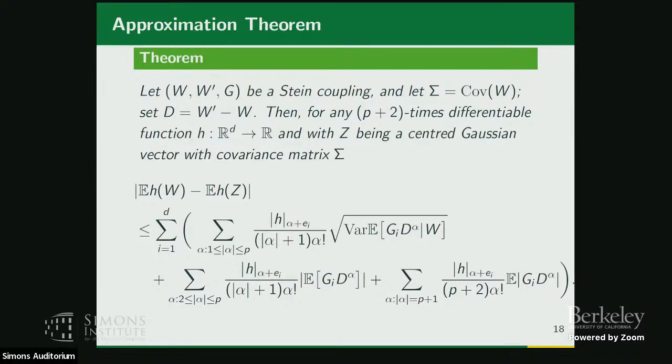These alphas are just the vectors such that the total length is fixed, and these are all the derivatives and such things. Well, let's not go into detail. So the idea with this approximation theorem is that you can bound this quantity by something coming from the Stein coupling, and also these functions h and all these constants. So the main objective now is if you can bound these quantities here for your given variables.